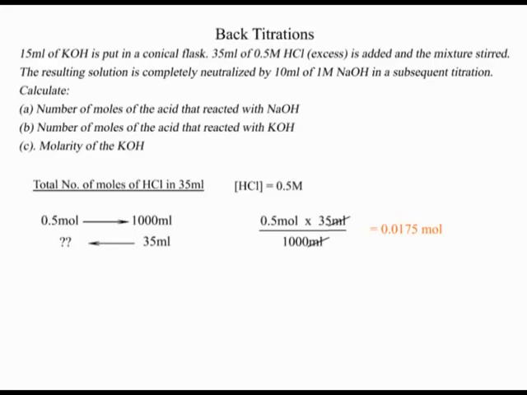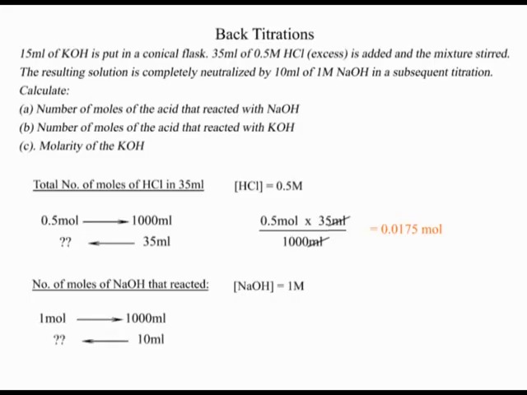Next, we find the number of moles of sodium hydroxide that reacted with the acid. That is the acid that remained after the addition to potassium hydroxide. The concentration of sodium hydroxide is 1 molar, and that means 1 mole in 1,000 mLs. But only 10 milliliters neutralized the excess acid. So how many moles are in the 10 milliliters of sodium hydroxide? We have 1 mole times 10 milliliters over 1,000, which gives us 0.01 moles.